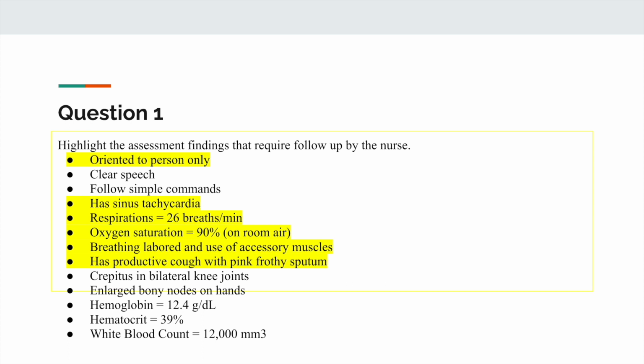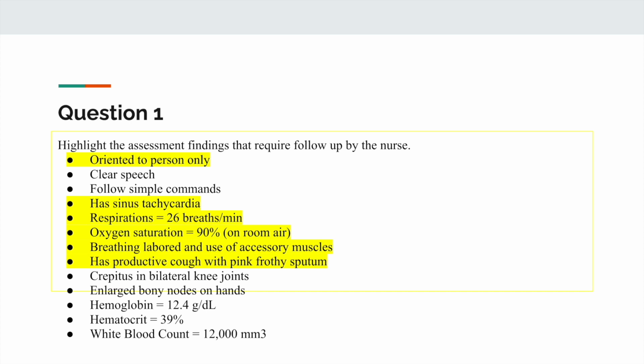Respirations are 26. Our normal vital signs are 16 to 20 for respirations, so that's a little bit high, so that's abnormal. Oxygen saturation is 90% on room air. On the NCLEX, anything lower than 92% on room air is considered low, so even though 90 might seem okay, in the NCLEX world, anything below 92 is abnormal.